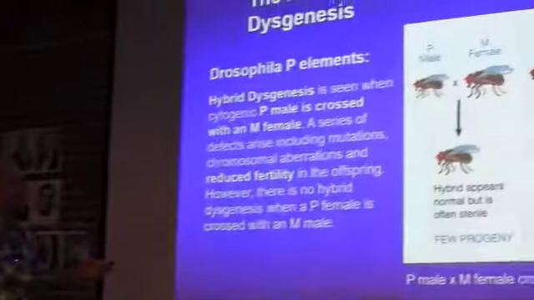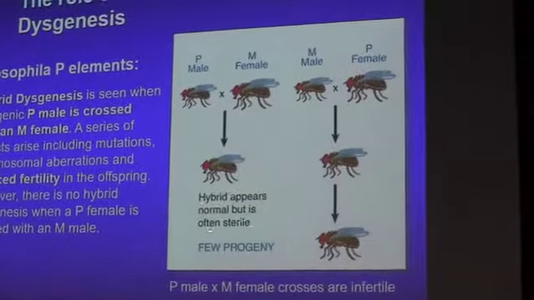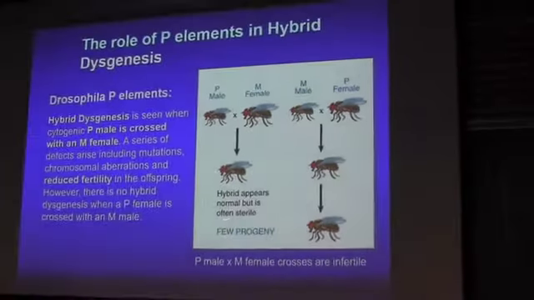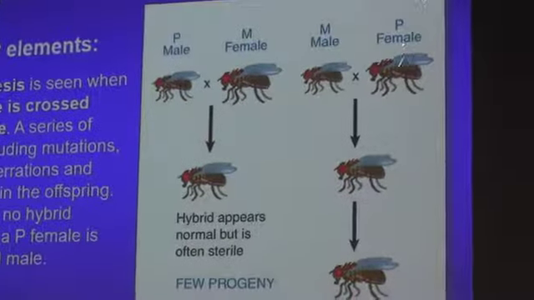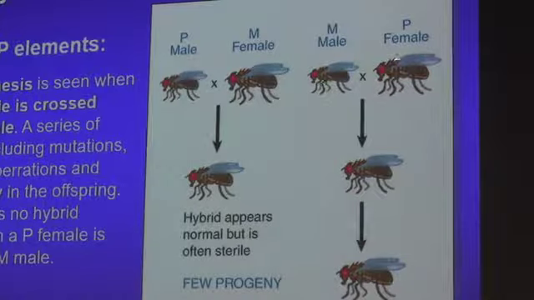But if the male has it, it is able to jump, and you get these bad phenotypes. If the female is infected and a non-infected male mates, there's no effect at all. The transposon is prevented from being active.